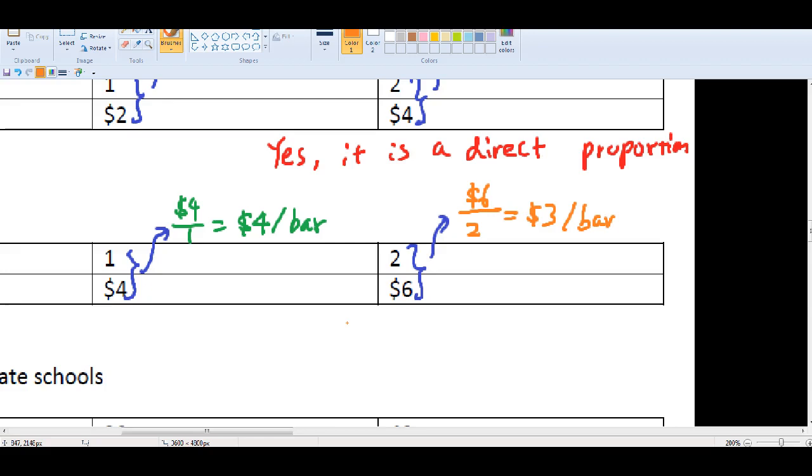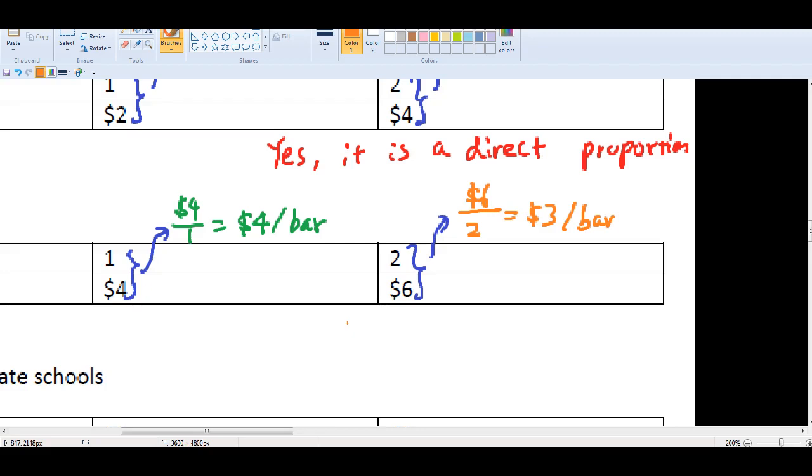So you buy one bar, each bar costs you $4. If you buy two bars, each bar costs you $3. So the prices for each bar are different in two different situations. So that actually happens in supermarkets.